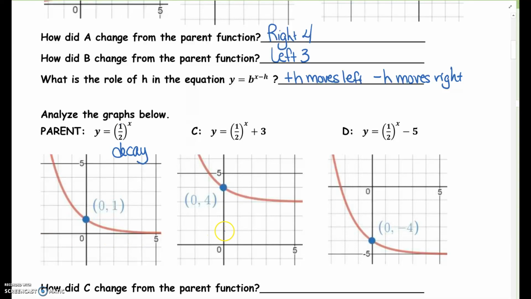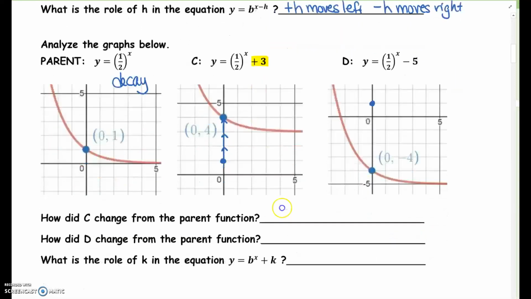Okay, so that point is going to start at 0, 1. So I'm going to put 0, 1 in all of these graphs so we can kind of see how that point moved. In C, we're adding 3. And what happens to that point? Up 3.